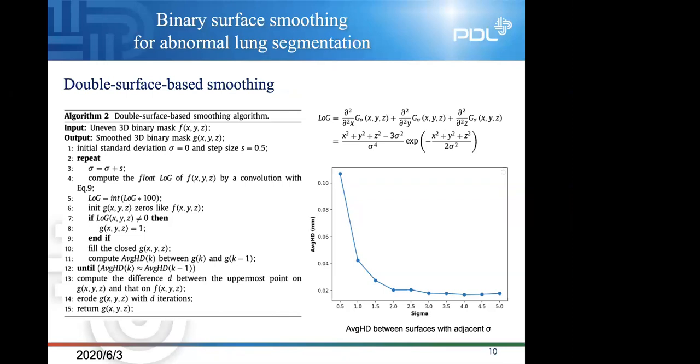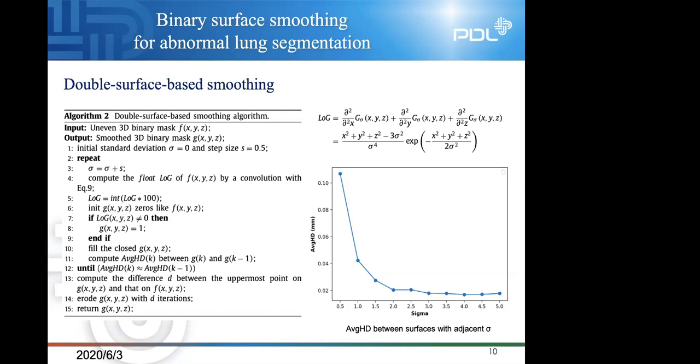The width of the double surface is determined by sigma. In order to speed up the processing, we improve the procedure of Laplacian of Gaussian and directly extract the double surface where it is not equal to 0 in the 3D LoG image.